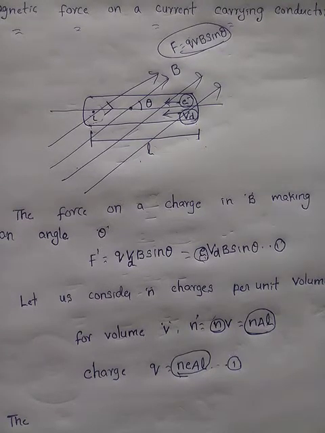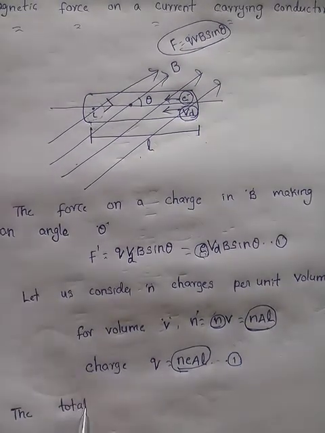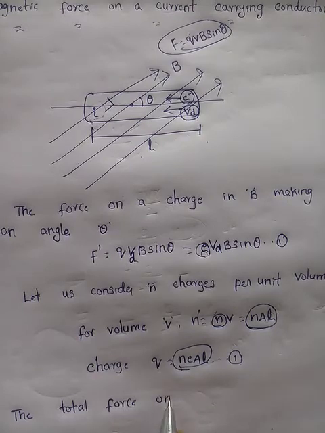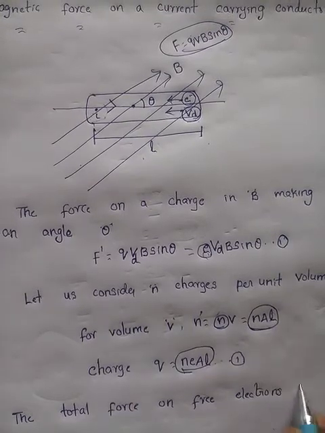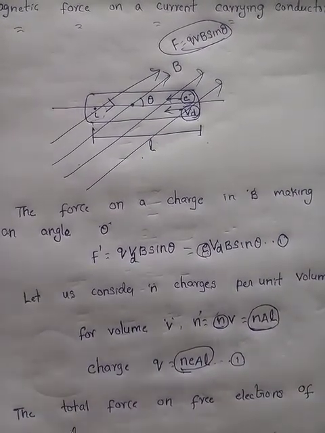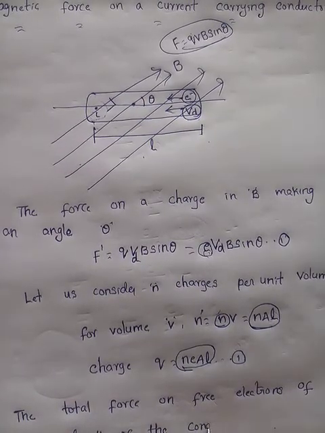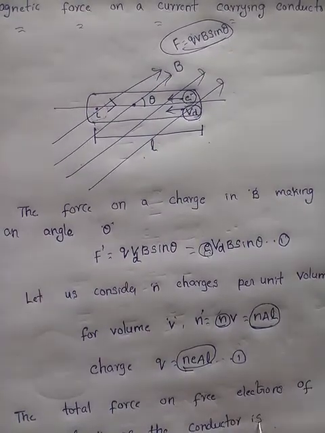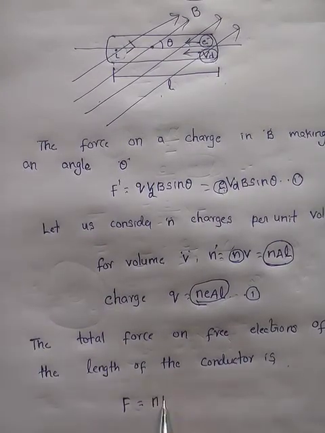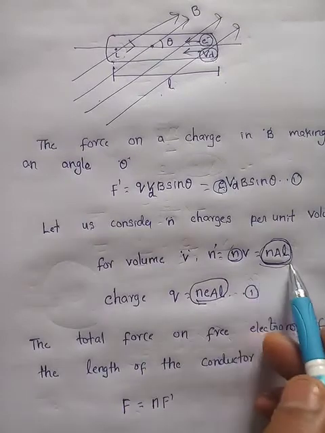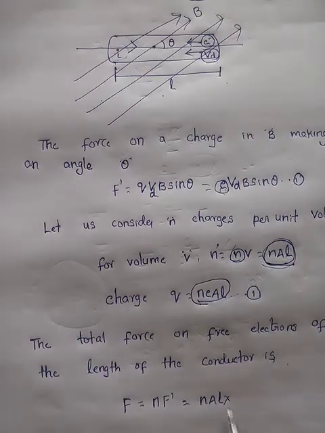The total force on the free electrons of the length of the conductor is how much? F is equal to N into F dash. How many electrons are present in this one? n A L. So n A L into what is the force on each charge?